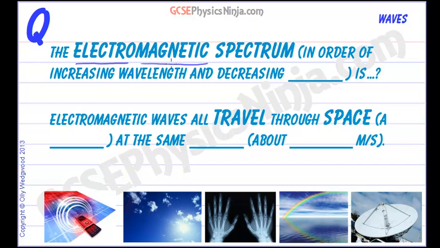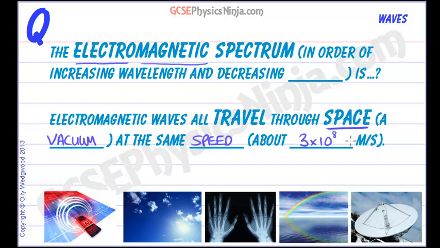They can travel through air, yes, but they can also travel through space, empty space. And empty space is a vacuum. They do so at the same speed, and that is about 300 million meters per second, 3 times 10 to the power of 8 meters per second.